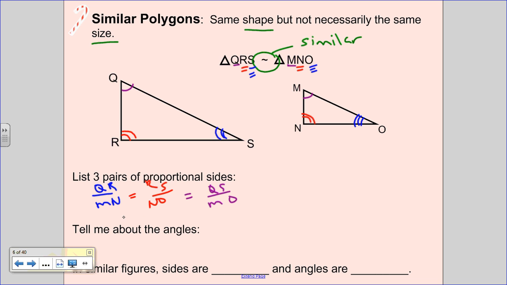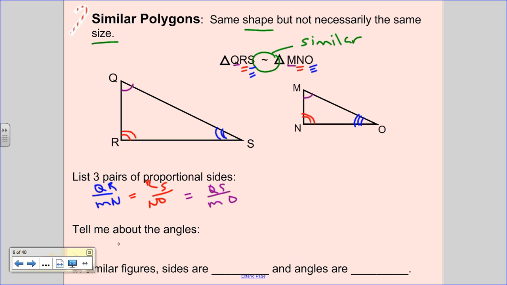And notice I put an equal in between. For similar polygons, those ratios of proportionality need to be the same in order for the polygons to be similar.